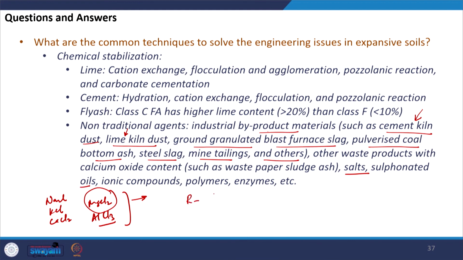Sulfonated oil has a generic formula which is R-SO2OH minus. This is a two part molecule where you have a non-polar part and a polar part. The sulfonic oil is basically formed by treating fatty acid with sulfuric acid, and this polar head gets adsorbed on the surface through cation exchange.